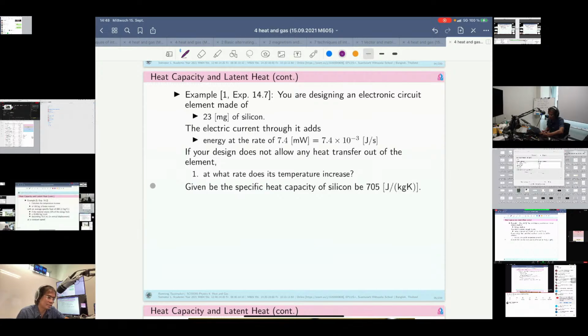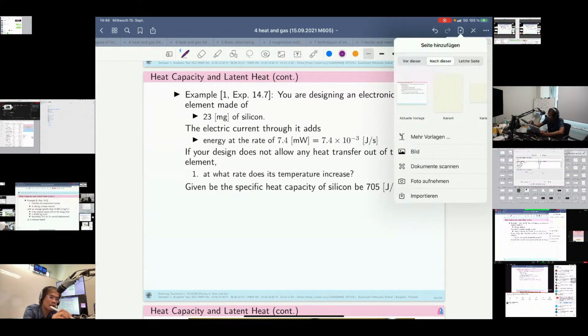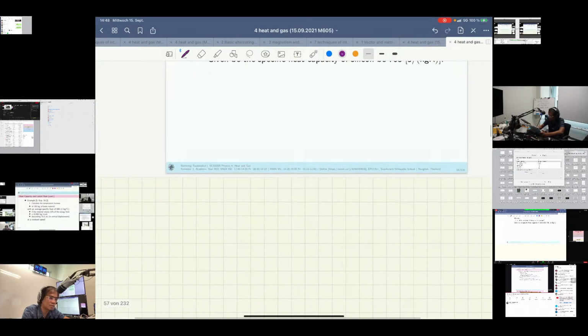So yeah, that's it. If you try to protect the circuit by using this amount of current and heat, and you would like to know the rate of change of the increasing temperature, how could we find it? Now let's use this one.